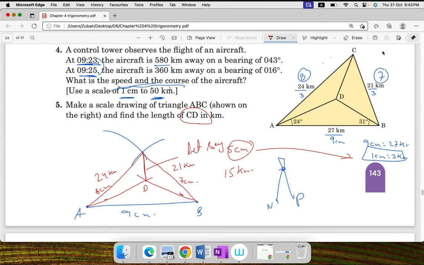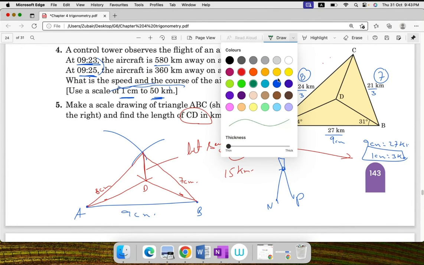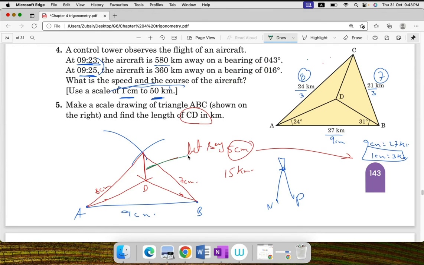We will prefer centimeters because this is scale drawing and that's what we are doing. So if we just remove these, this is 9 centimeters, 8 centimeters, and 7 centimeters to avoid any kind of mistake. So if we just measure this as 5 centimeters, later we can do it in the calculation part.